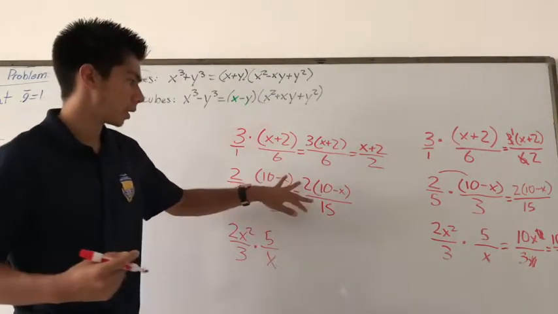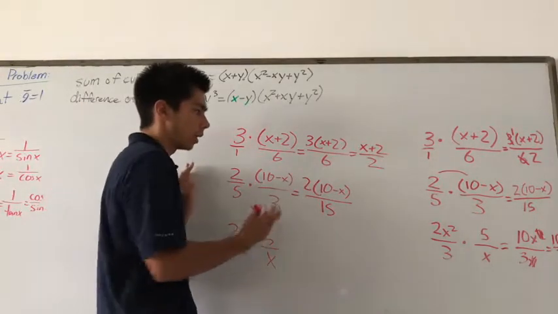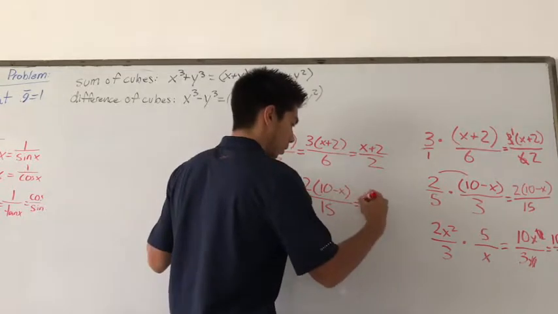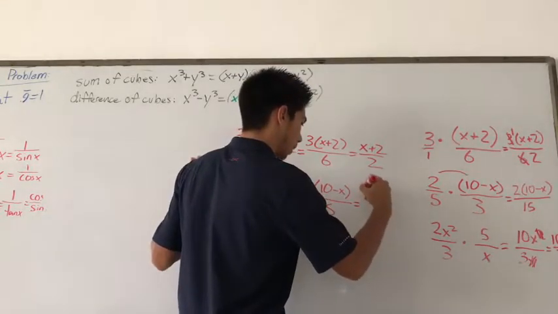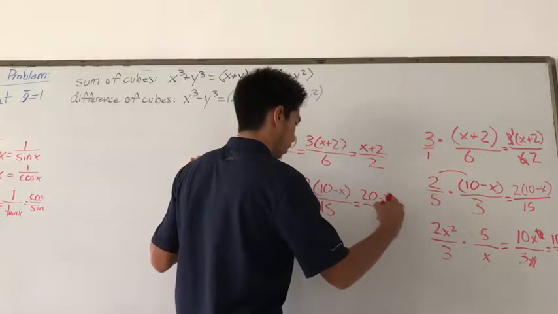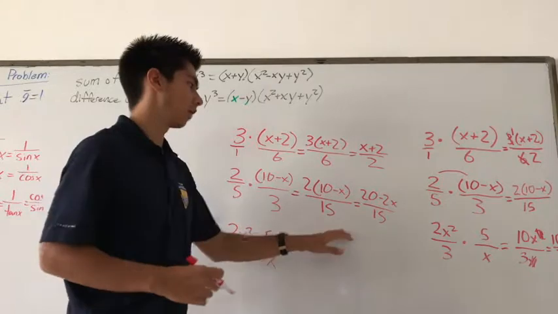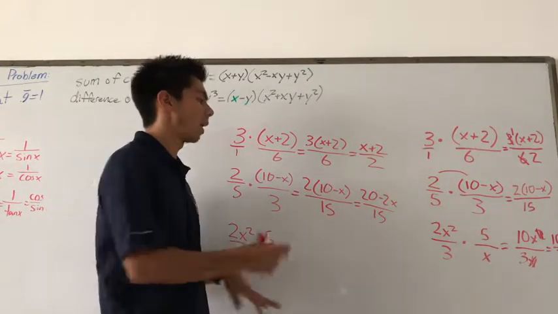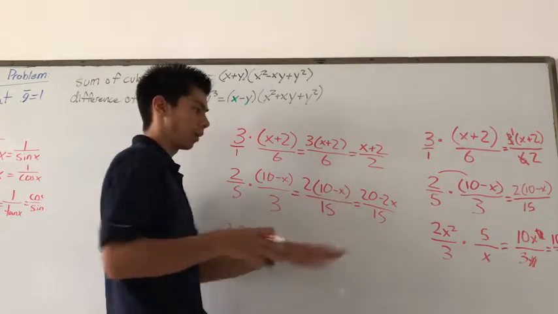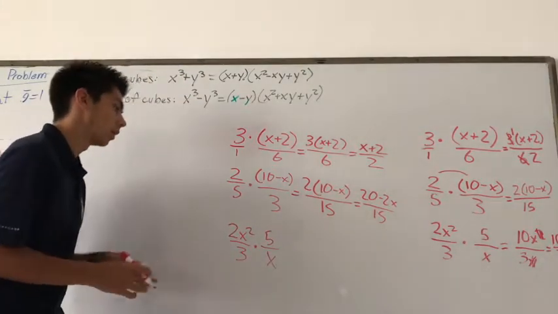Here, since we can't really simplify 2 over 15 anymore, you can just go and distribute the 2 to the 10 and the negative x. So you end up with 20 minus 2x over 15. So either one of these is fine. I personally would probably keep it like this, but if you prefer this better, go ahead. It's the same answer.